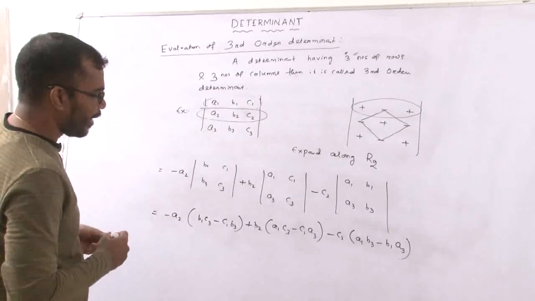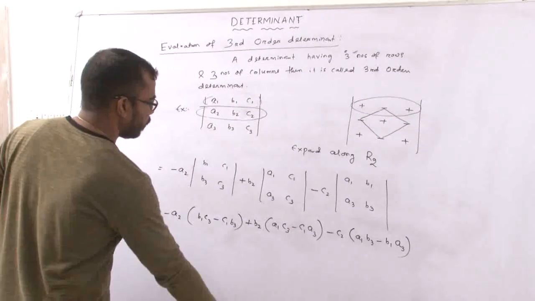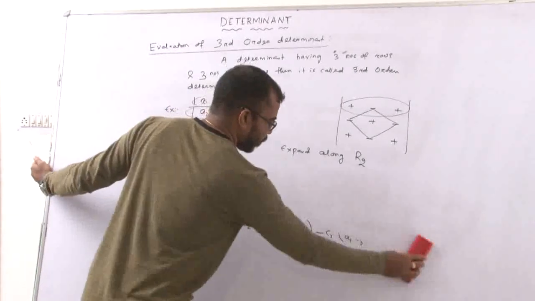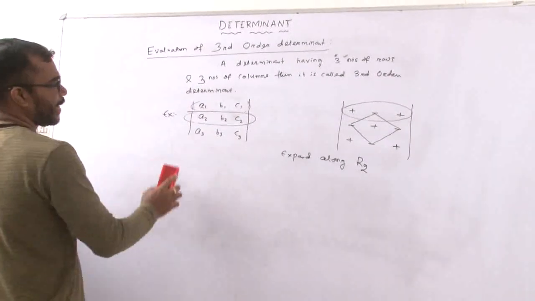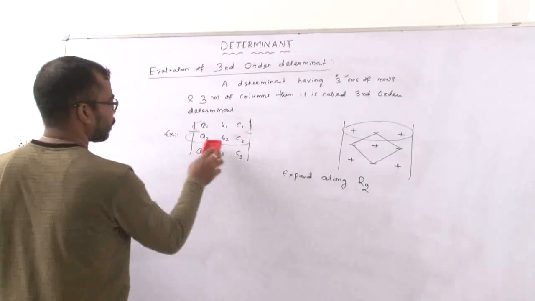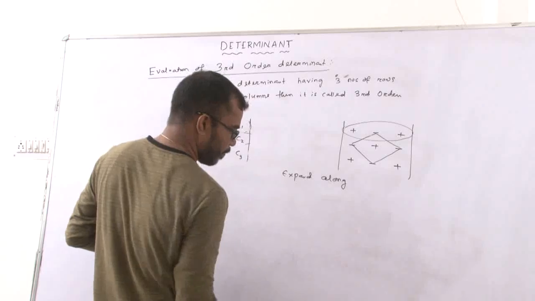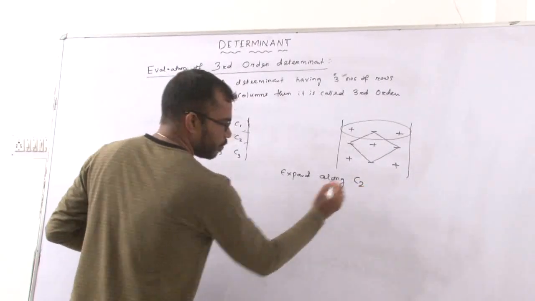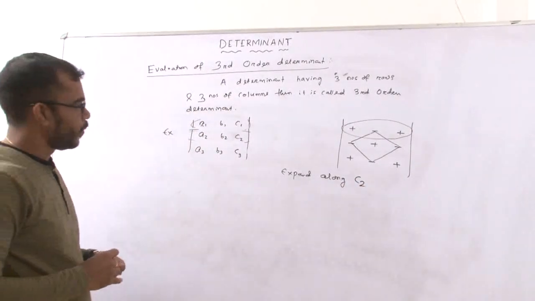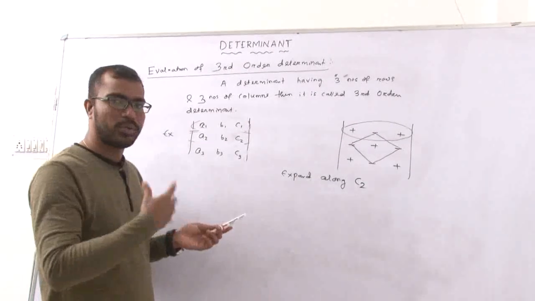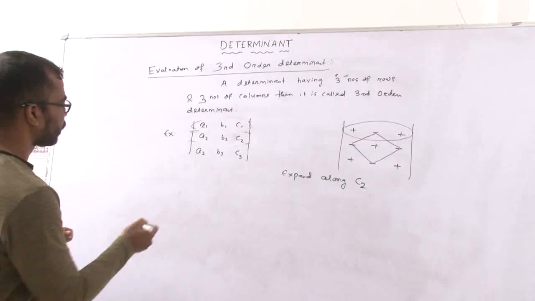Now we expand along a column. Suppose we expand the given determinant along C2. We can expand in 6 ways, but we expand only 1, 2 or 3 as examples.